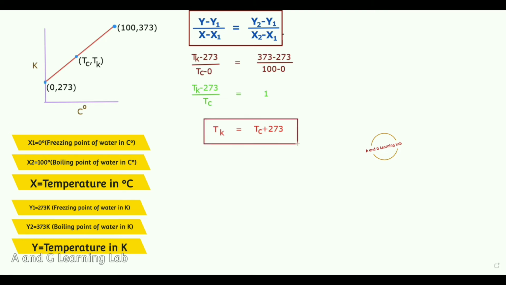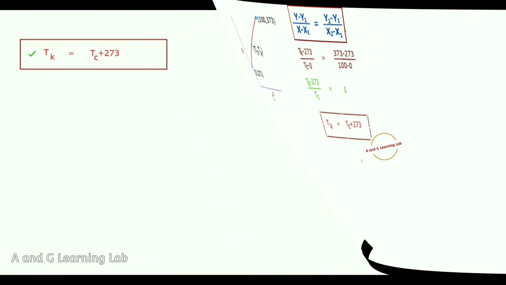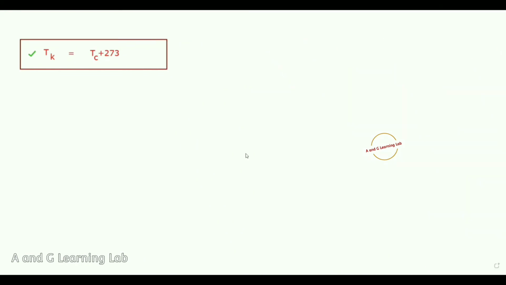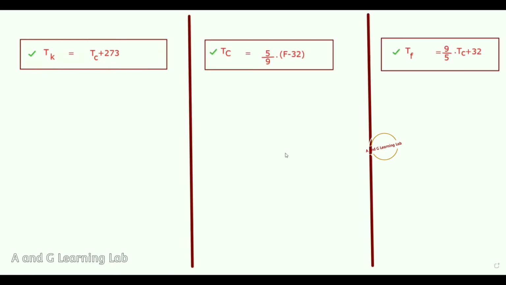Finally, we have got the three important conversion formulas. Tk is equal to Tc plus 273. Then Tc is equal to 5 by 9 into (Tf minus 32) and Tf is equal to 9 by 5 into Tc plus 32.